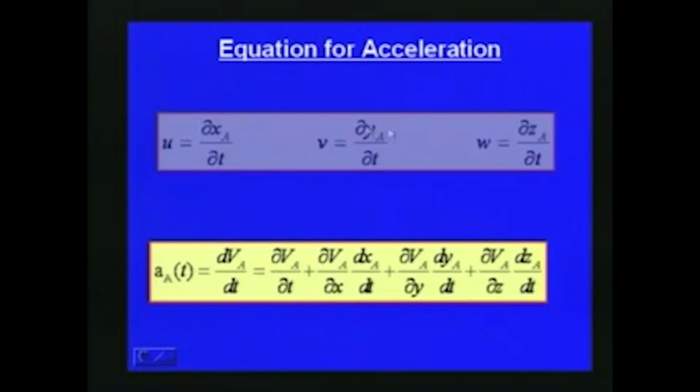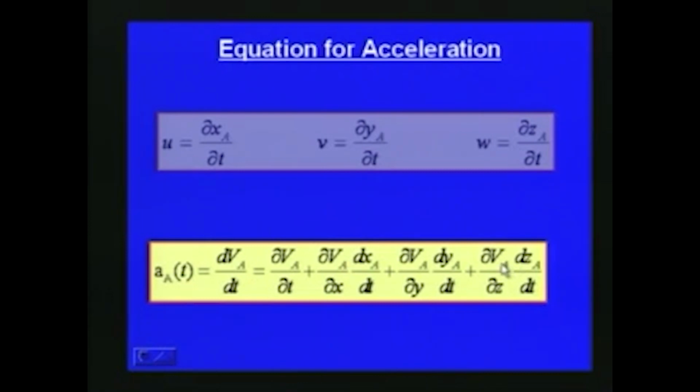With respect to this description, we can now write ∂V_A/∂t plus ∂V_A/∂x and so on. That means the acceleration is now totally represented with respect to local acceleration as well as convective acceleration.